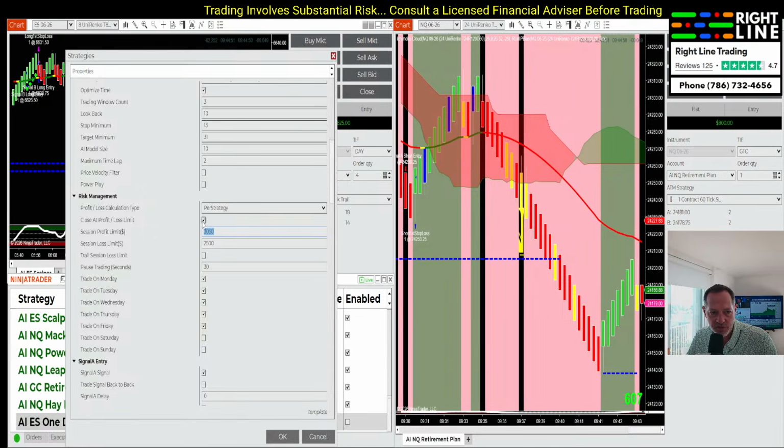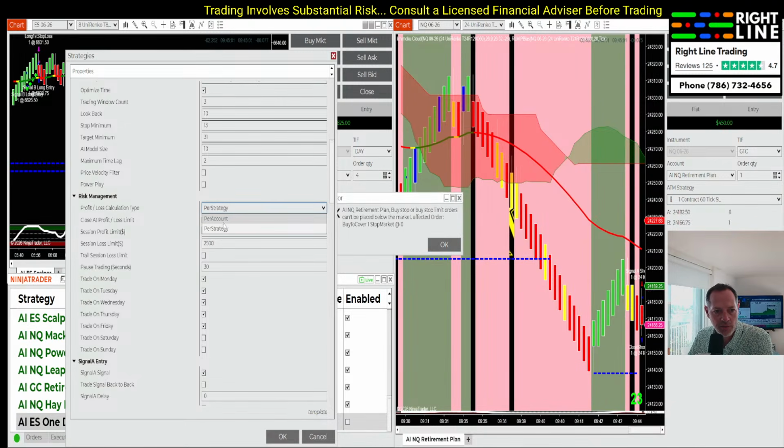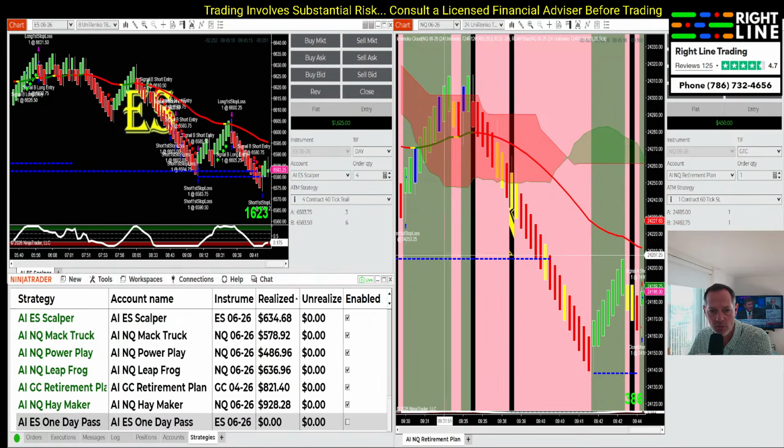There's a lot of clever features in here. We've had quite a few people ask us how to improve this. But what I typically do, I'll set an account up here in a minute. I'm going to set it up per account. So now I can have 2 or 3 different strategies trading to one Apex account, and kind of use it like a hedge fund does, and have several strategies run into one account.